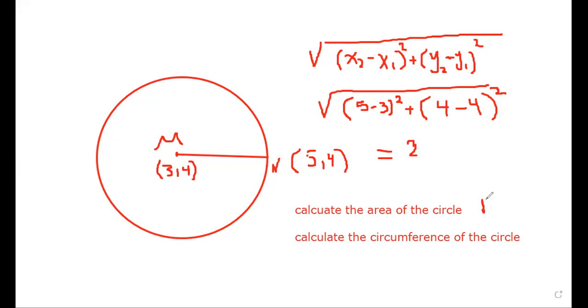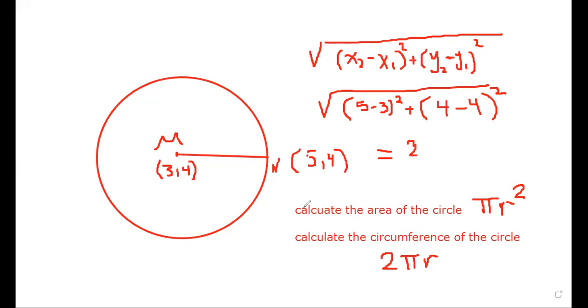Pi r square. And what is the circumference? Circumference, it will be what? 2 pi r. Okay, so the area is what again? The area is what? Grade 8.